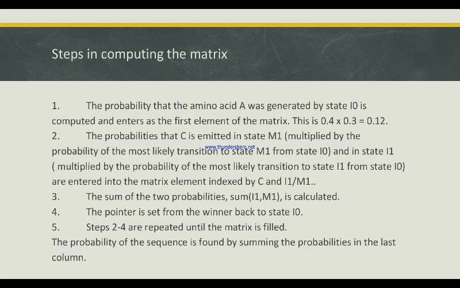Then the sum of the two probabilities, from I1 and M1, is calculated. After that, the pointer is set from the winner back to state I0. And then last but not least, steps 2 and 4 are repeated until the matrix is filled. The probability of the sequence is found by summing the probabilities in the last column. I know that it's quite complicated, but don't worry.